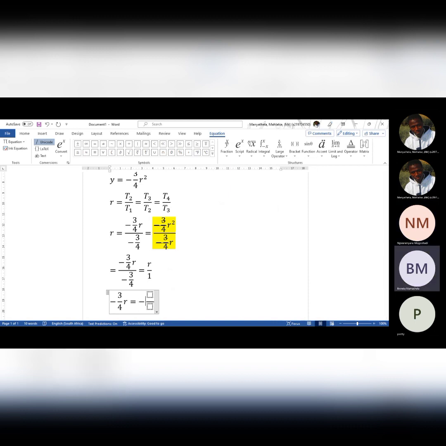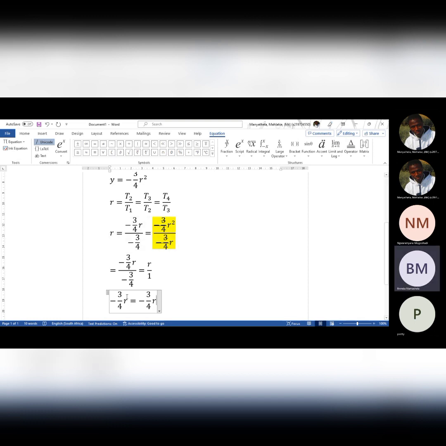Didn't you say that on the highlighted side we're remaining with r squared over r, since those two ones cancel each other? And with this one we are remaining with r over 1. Are we not supposed to end it at that point? I'm just asking.